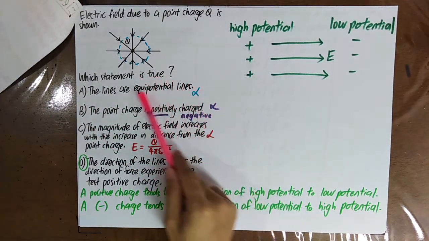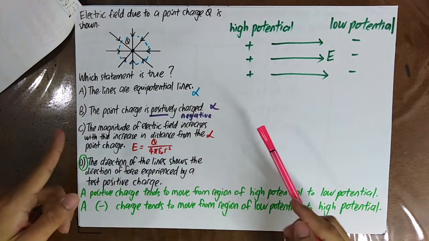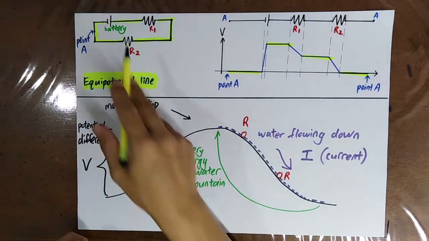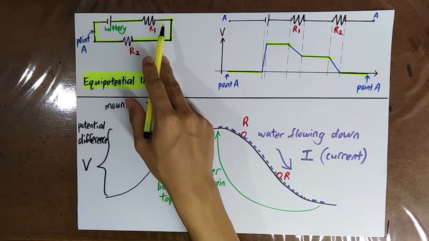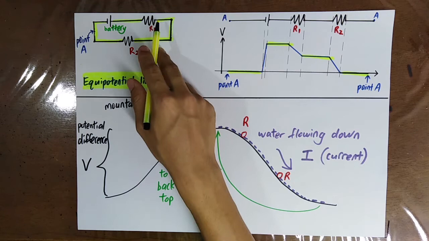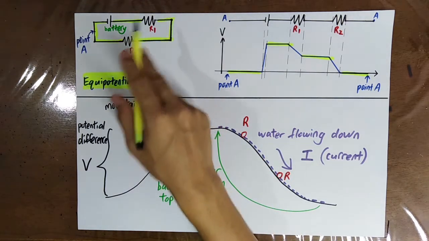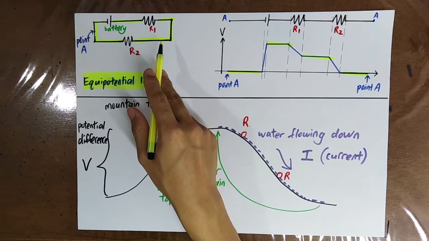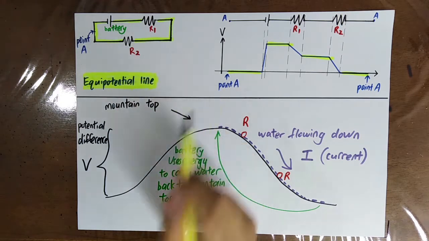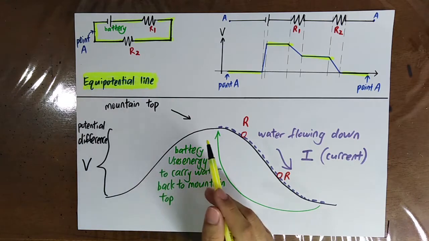If you want to say equipotential line, then it's the wire you are using in your direct current circuit. Inside a direct current circuit, we assume the wire is a perfect conductor, and therefore there should not be any resistance in the connecting wires. Therefore, the wire is an equipotential line.